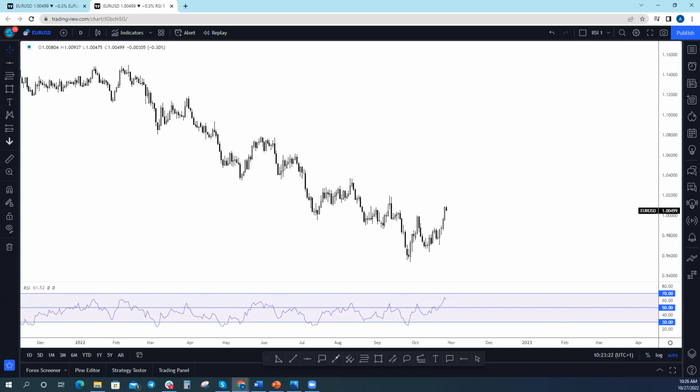So momentum, or the speed of price change, as I'm sure most of you know, is helpful in assessing trend strength. The RSI does a reasonably good job in telling traders when the trend or decisive movement is slowing.